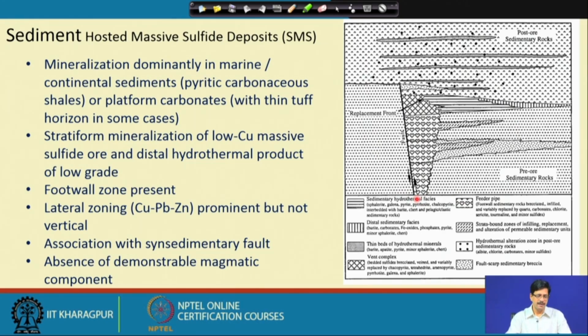They can be called stratiform mineralization, although the ore minerals are not exactly deposited as clastics on the basin, and they do have their limitation. The lateral zoning is prominent, but not the vertical one, and they are always associated with a thin sedimentary fault. One important point of distinction is that, apart from sometimes a thin tuffaceous horizon, they are not associated with any significant magmatic component.